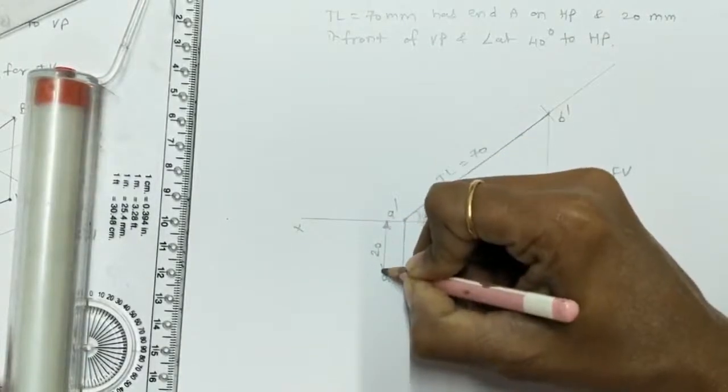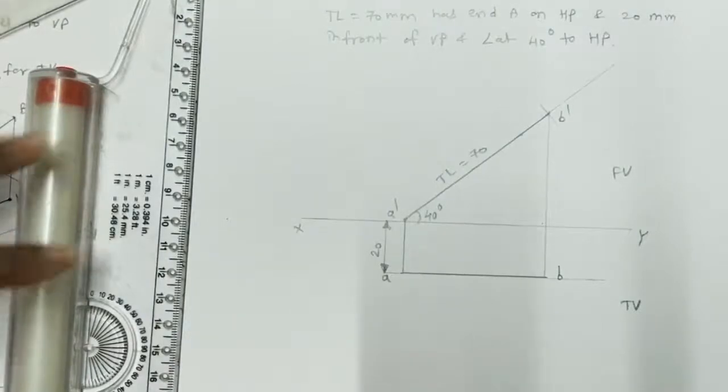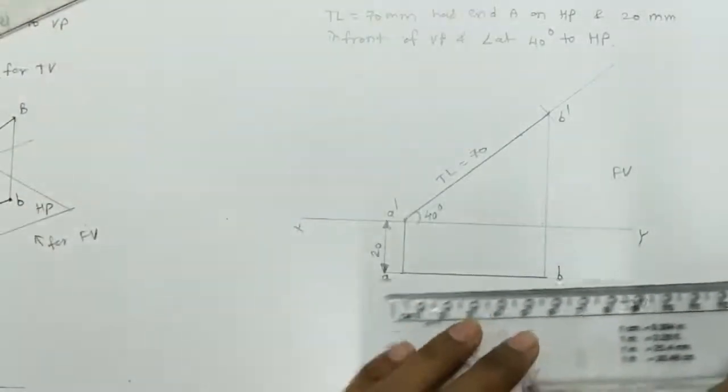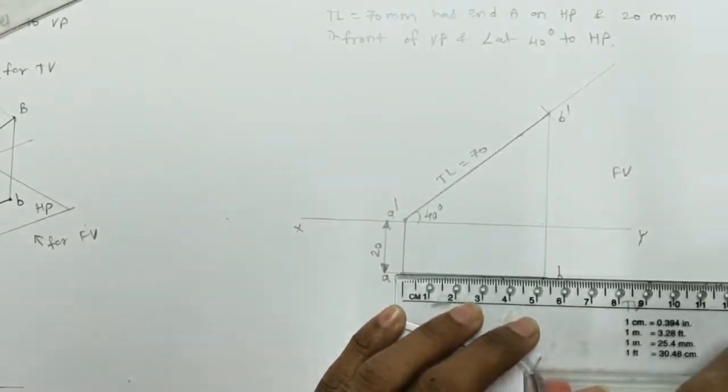So show 20 distance on this line. And now we can measure the length of top view, which is 53.